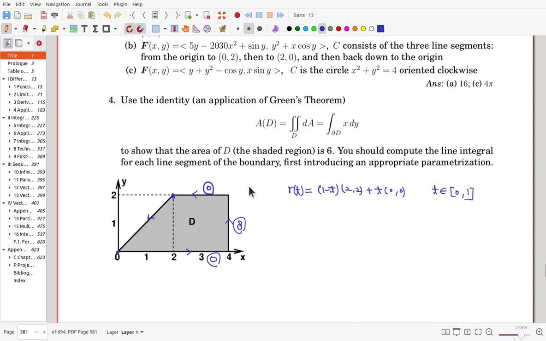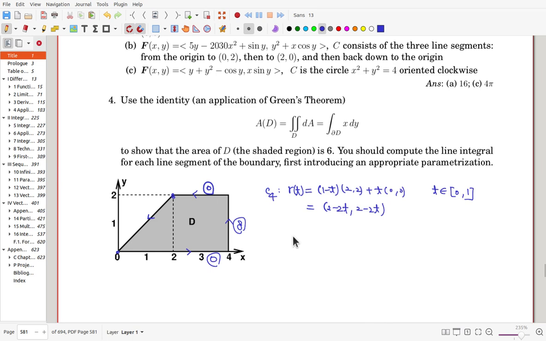That's the parameterization. Let's say there is a fourth component, C4, 1, 2, 3, 4. Now for this one, we can write that as 2 minus 2t, and again 2 minus 2t. Right?